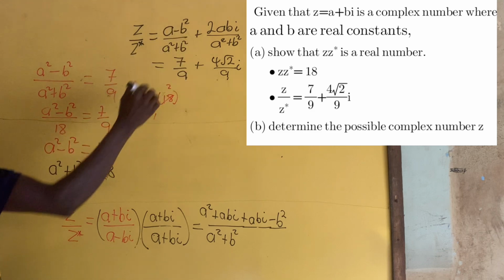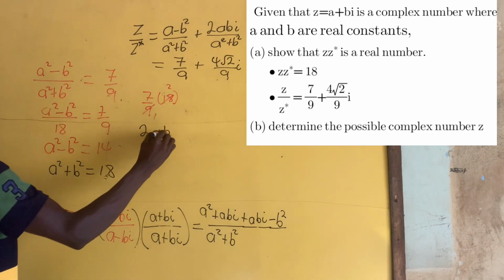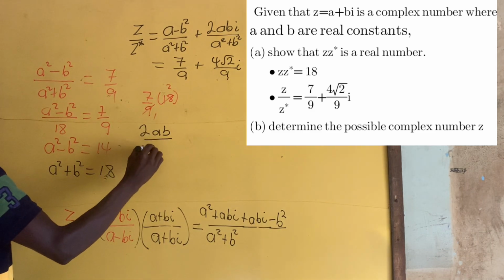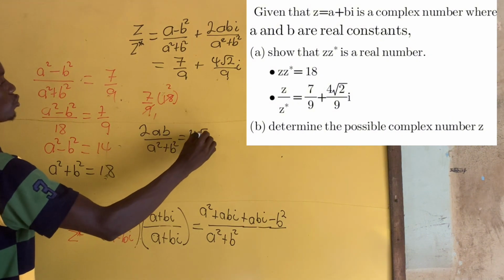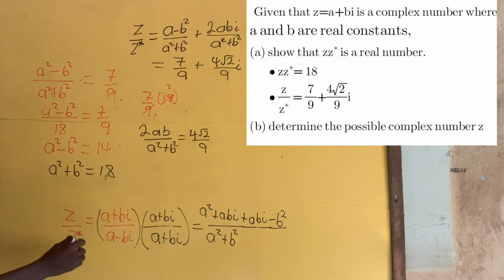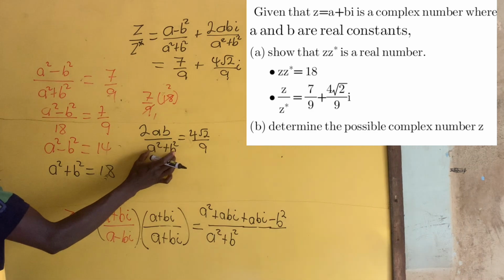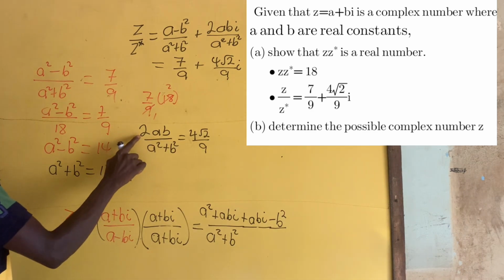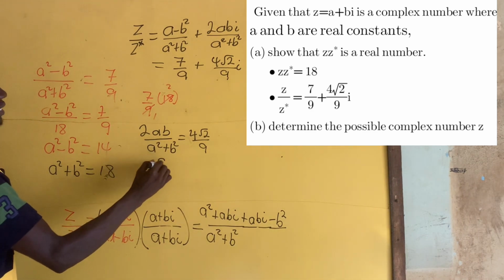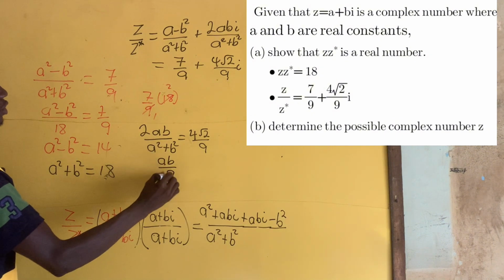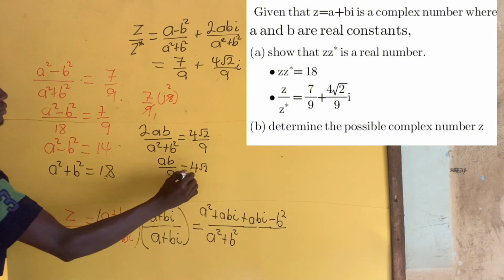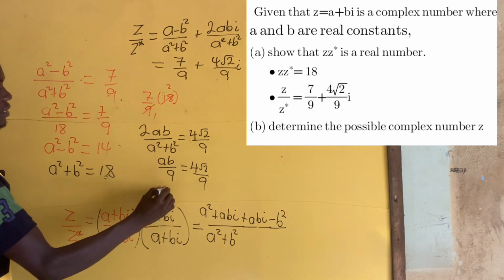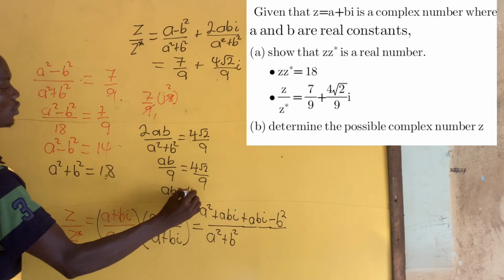You could have also equated 2ab on a squared plus b squared equals 4 root 2 on 9. In this case too, if you put here 18, we are going to have 2 divided by 18, that is ab on 9 equals 4 root 2 on 9, which means ab equals 4 root 2.